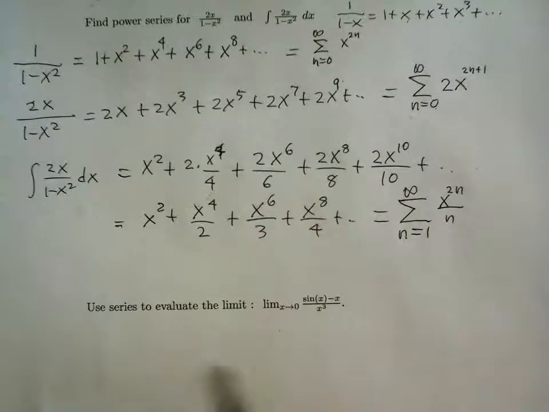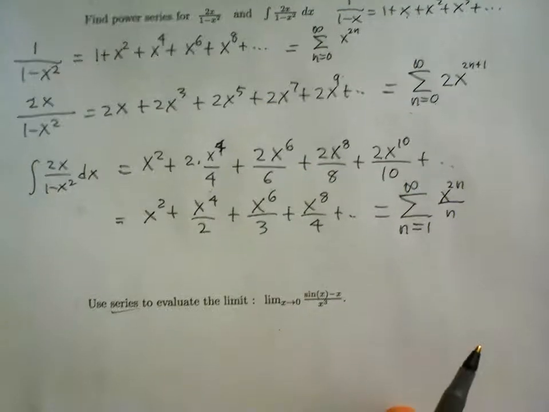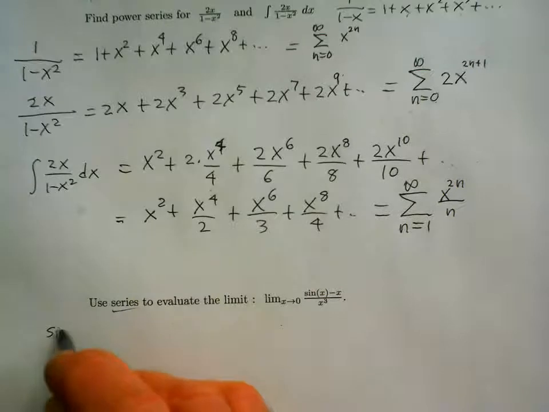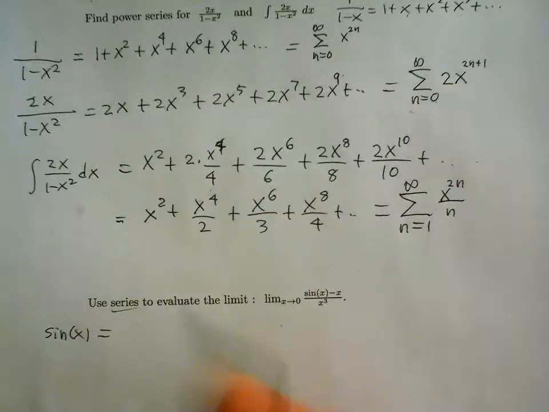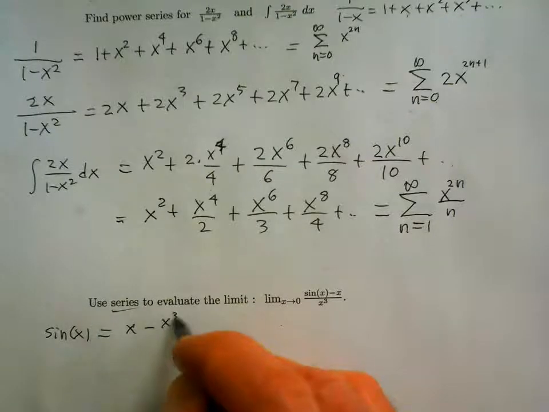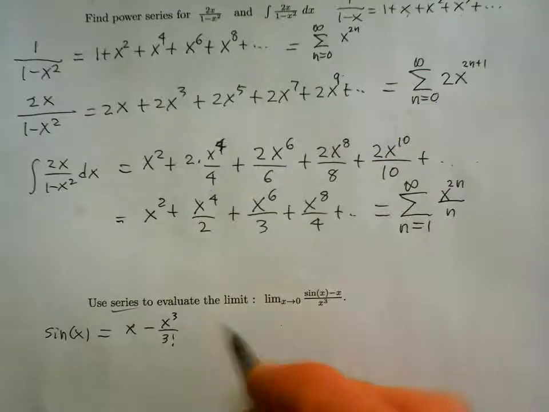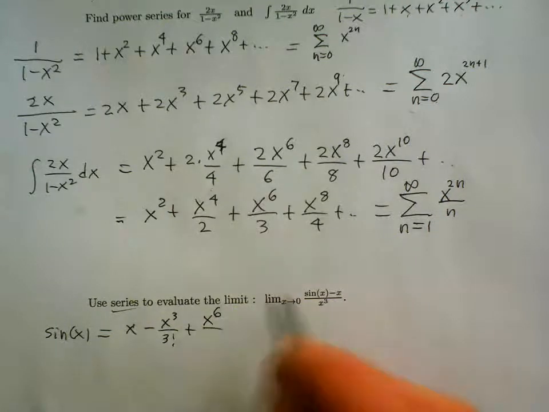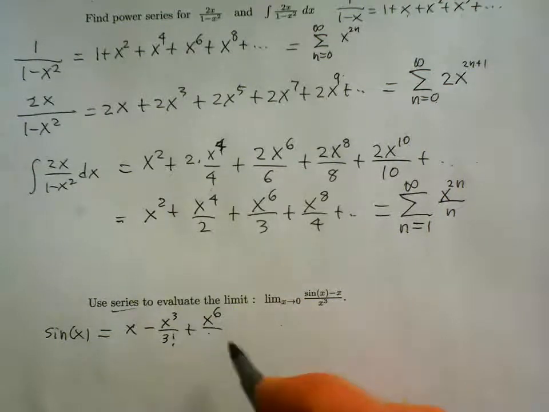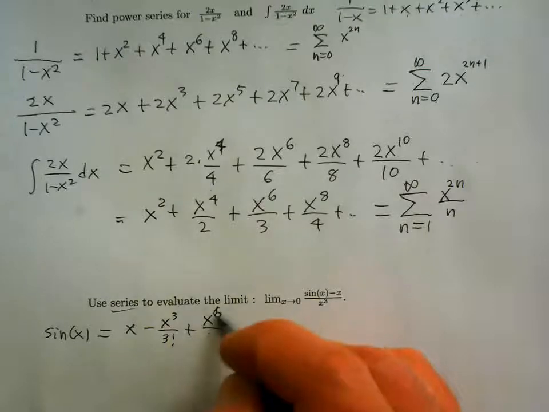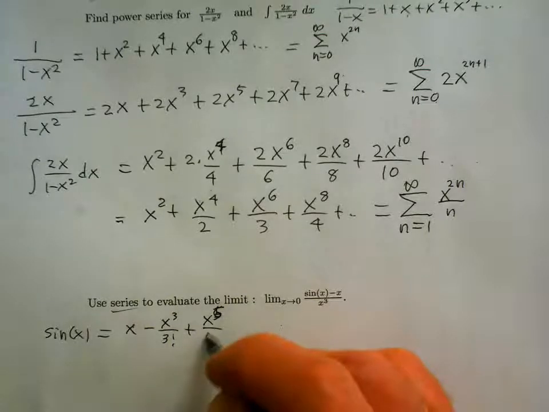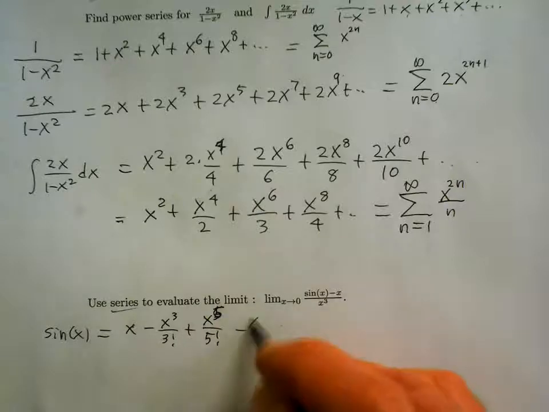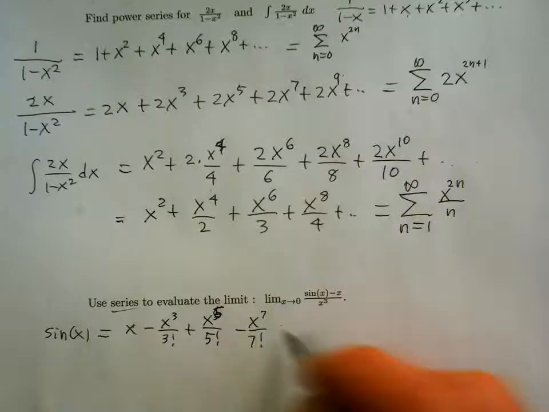Okay, so if we're going to use series to do that, remember what sine of x is. Sine of x is x minus x to the third over 3 factorial plus x to the 5th over 5 factorial minus x to the 7th over 7 factorial.